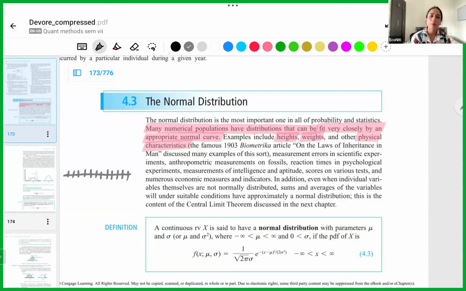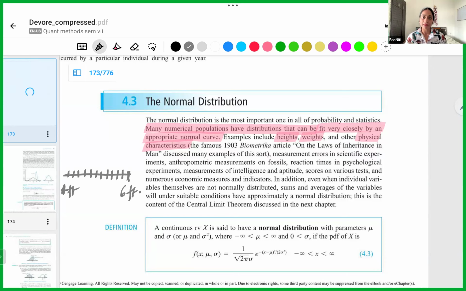Suppose the smallest person is, I don't know, 4 feet, and the tallest girl is suppose 6 feet. ठीक है ना? So suppose ये हो गया 4 feet, and this is your other extreme of 6 feet.